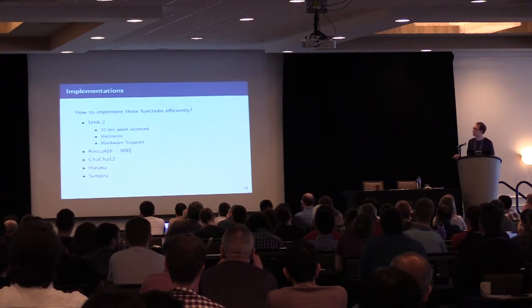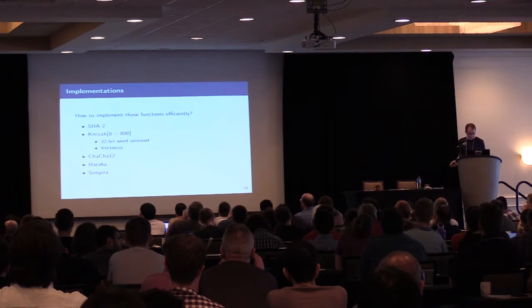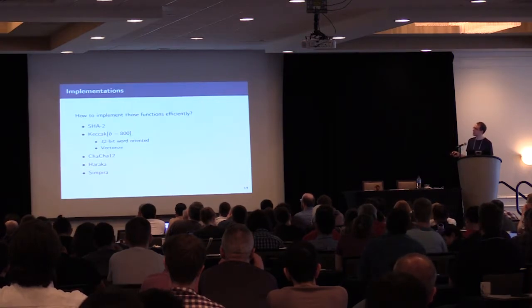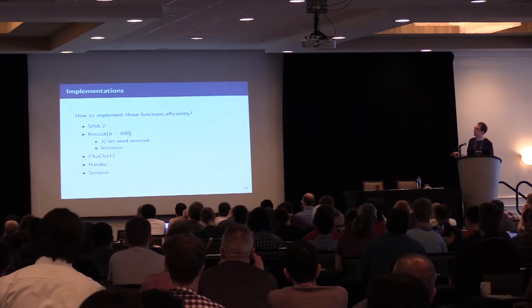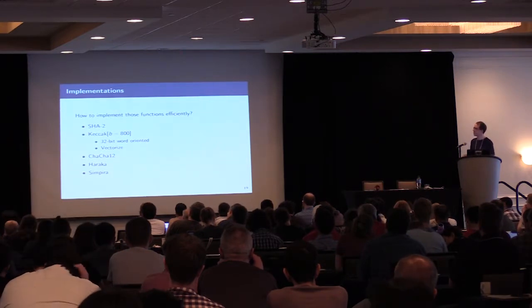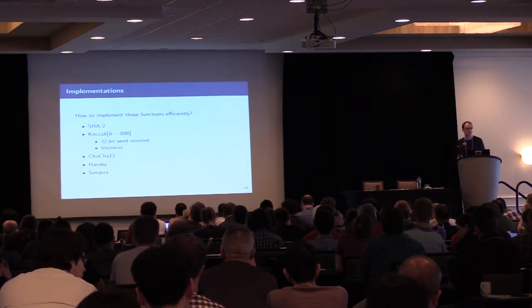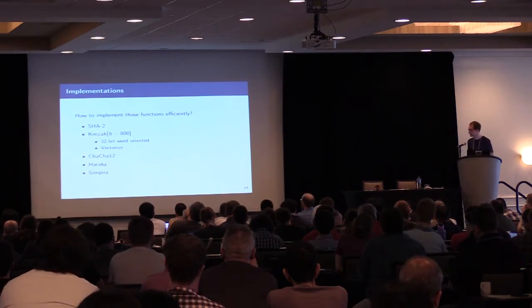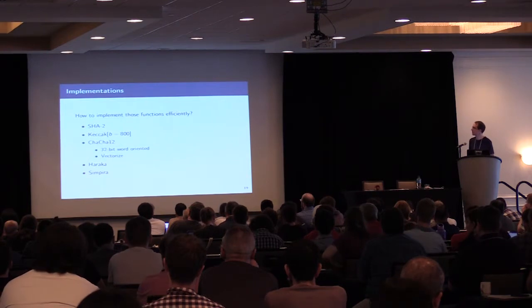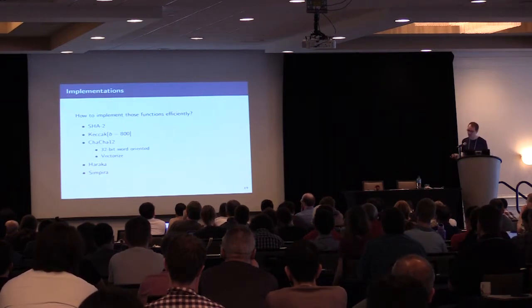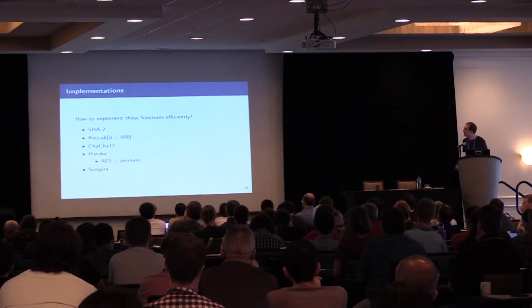Or you can use the hardware support. Same with Keccak. This is now with the 800-bit permutation, which is also 32-bit word oriented. Same thing, just vectorize it. You can do 8 calls to this permutation in parallel. Same for ChaCha, same concept, vectorize it. 8 times in parallel, easy.